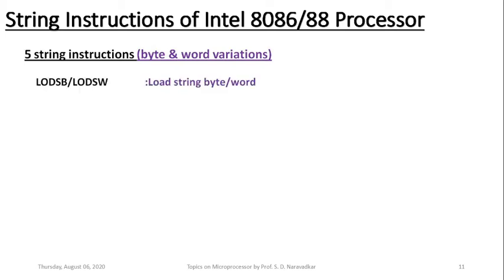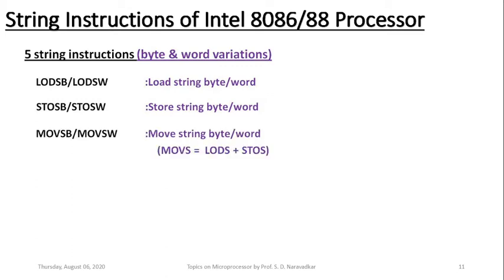The first instruction here is LODSB, that is load string byte, or LODSW, that is load string word, the word variation, which is written on the right side.